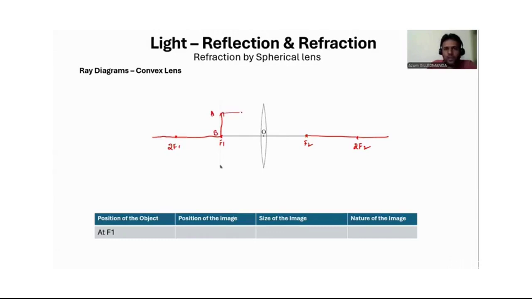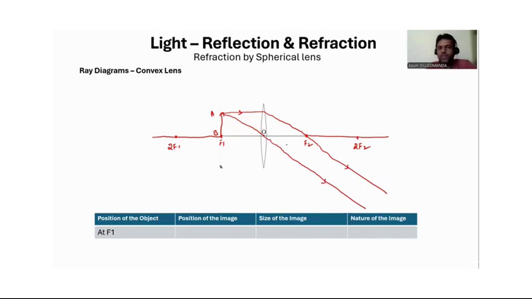Same thing, draw two rays. One is parallel to the principal axis, so this ray should go through F2. And the other ray, through the center, goes like this.